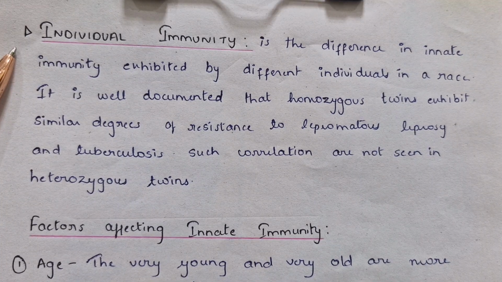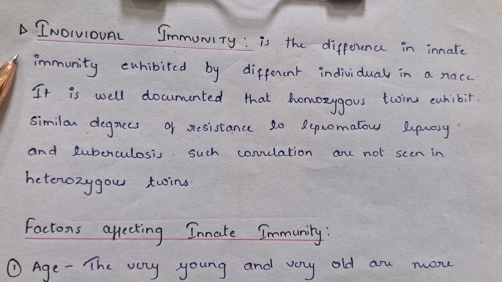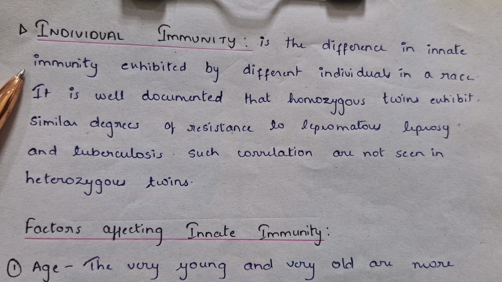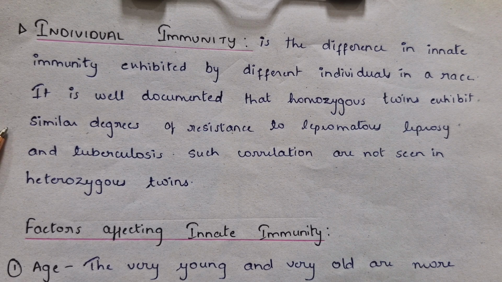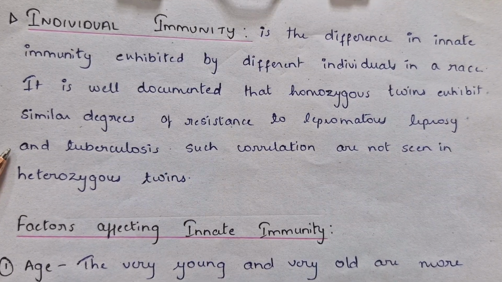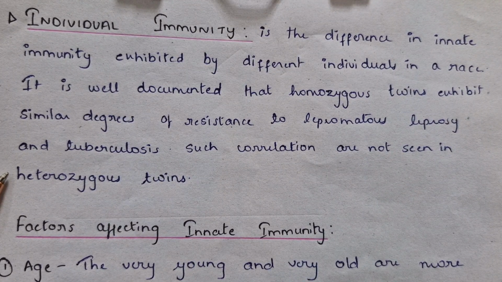Individual immunity is the difference in innate immunity exhibited by different individuals in a race. It is well documented that homozygous twins exhibit similar degrees of resistance to lepromatous leprosy and tuberculosis. Such correlations are not seen in heterozygous twins.